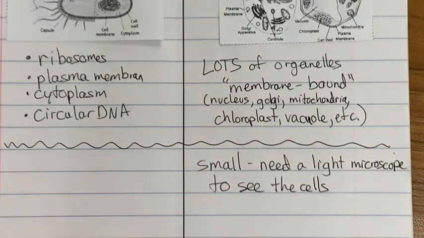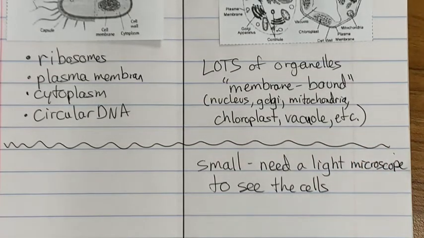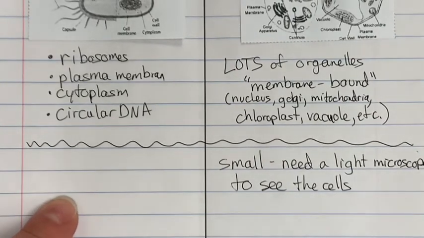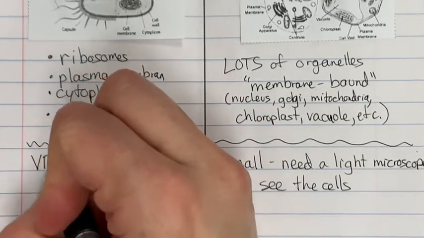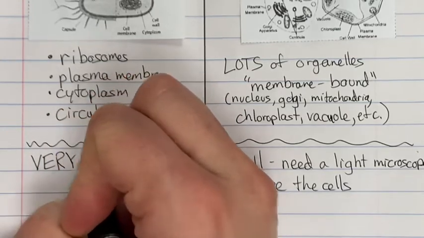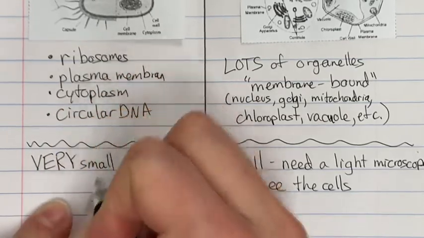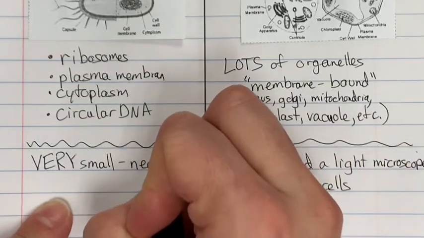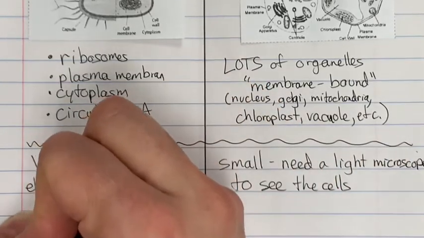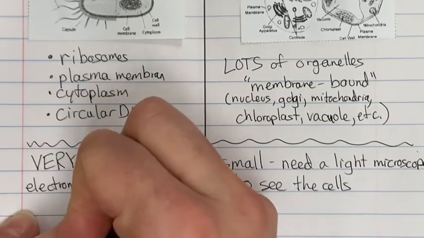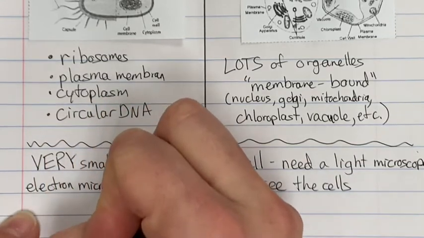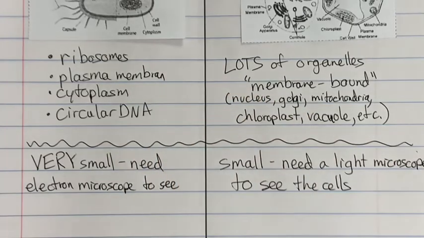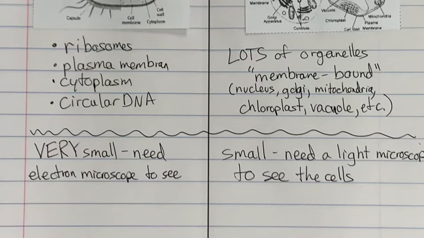They're small. They need to be seen with a microscope. However, prokaryotic cells are very small. Okay, they are smaller than the eukaryotic cells. You need what's called an electron microscope to see them. All right.